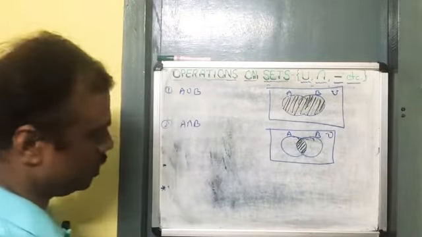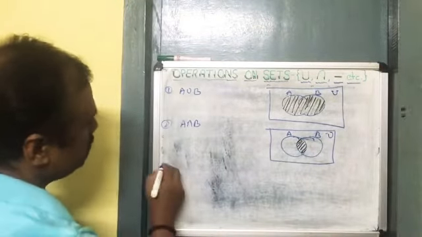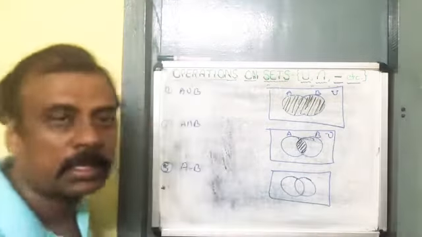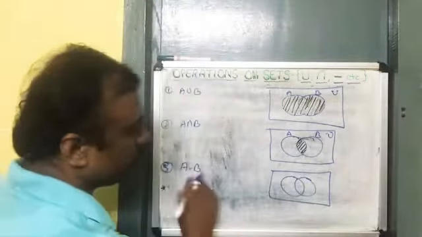Now the third, A minus B is subtracting, meaning deleting B from A. So that is this area. If this is A and B, then this area is A minus B, only this one.